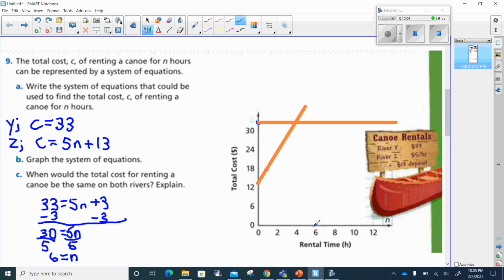So I guess I made this a little off because at 6 hours is when they should go ahead and meet. So I'm thinking I made this a tiny bit off here. Let's see. And it could be that, let's take the line.